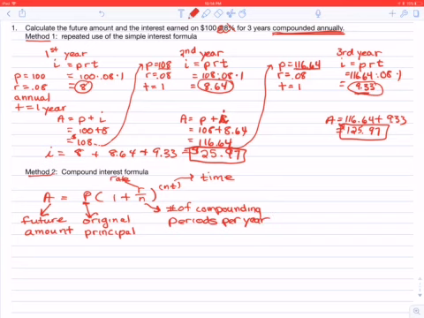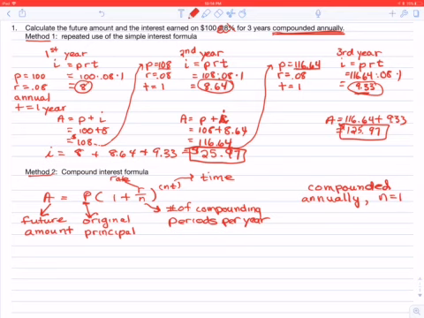So if the interest is compounded annually, that means once a year, so N is 1.